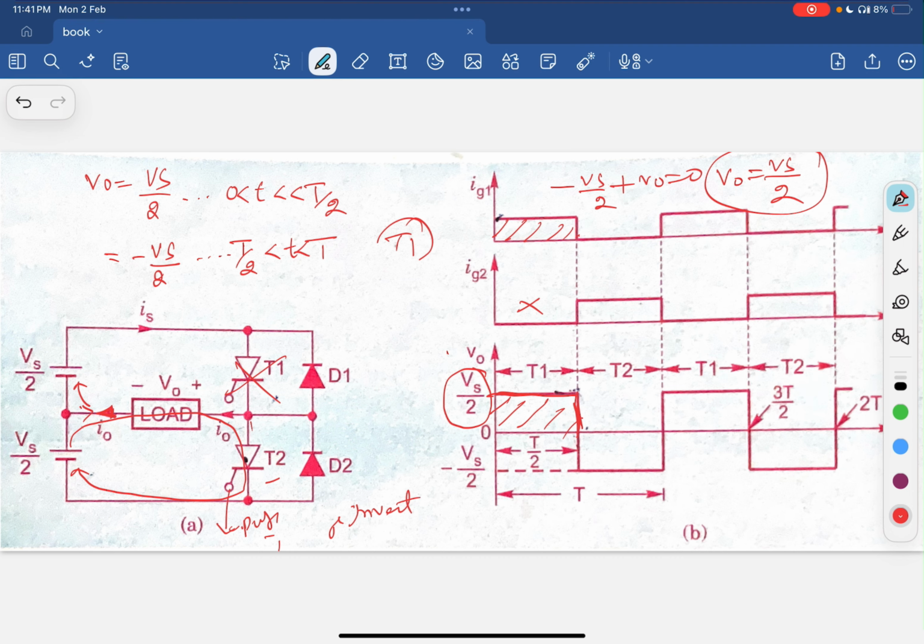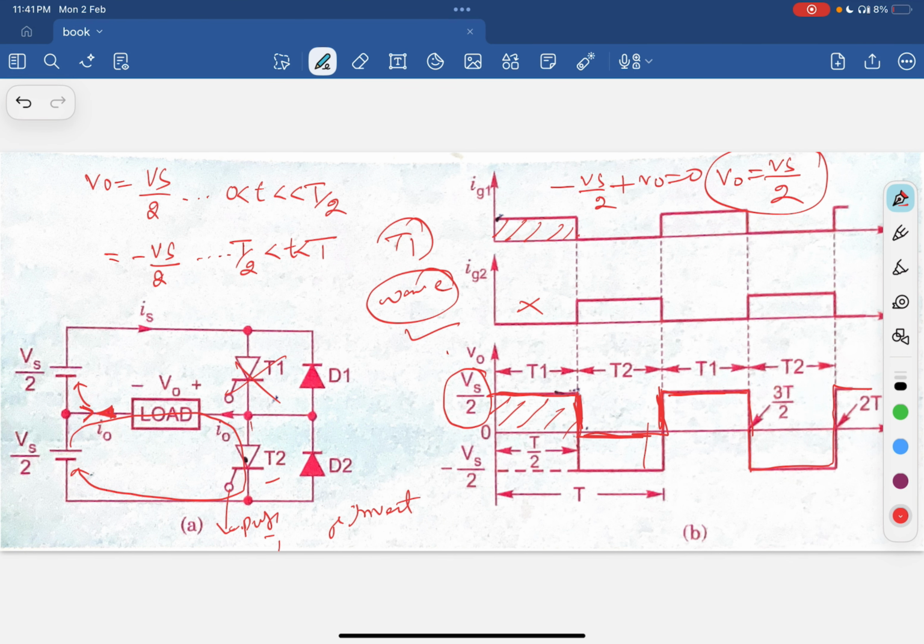The current is now flowing opposite to the load current direction, so that is why it is shown as negative. So you can see here it is minus Vs by 2. It is negative. Again the thyristor T1 starts conducting, then it gets commutated, then T2 starts conducting. So you can see how the waveform is represented here.